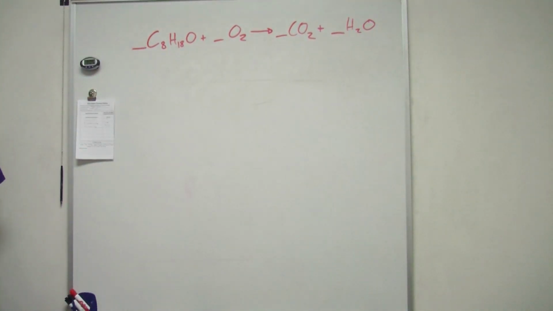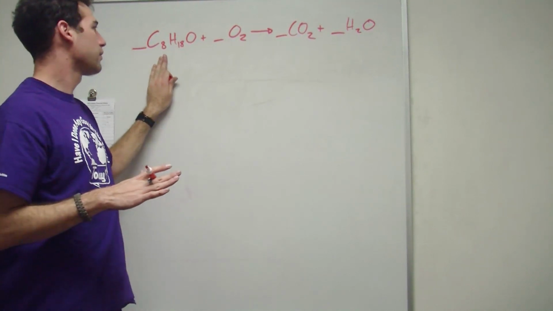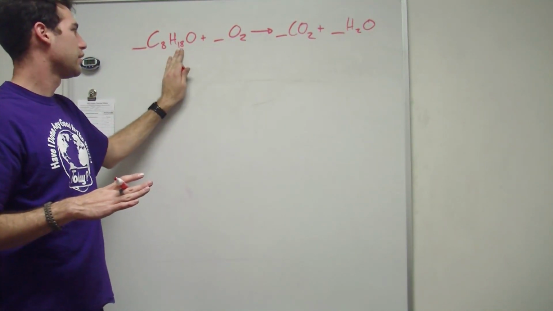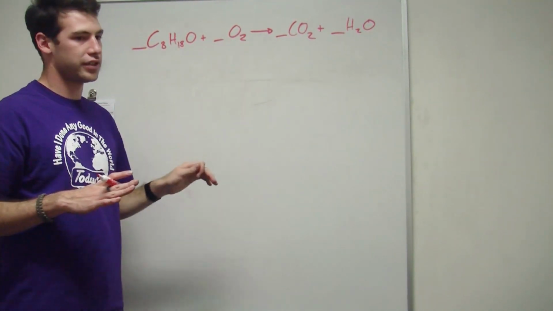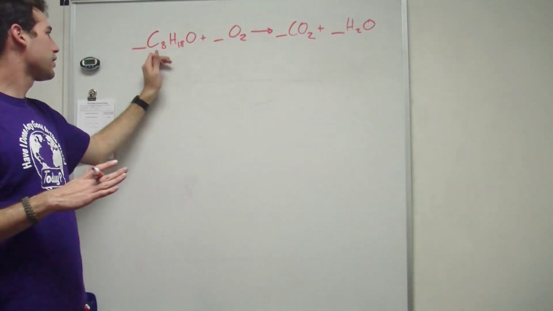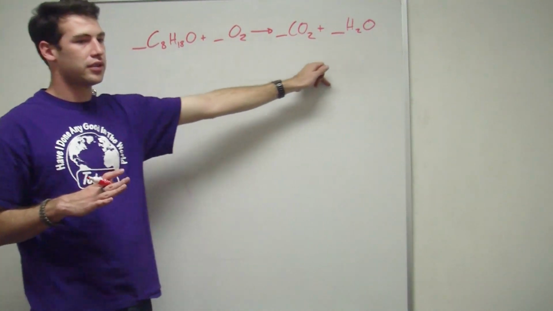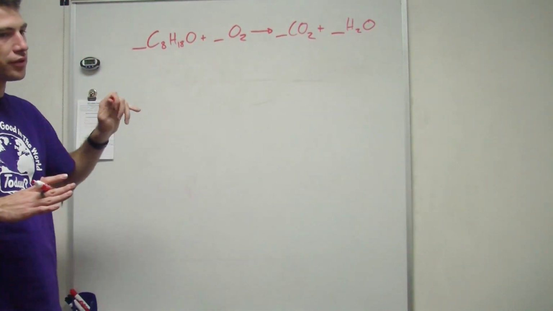So this is what I've seen is the easiest way to do it. Start with carbons, then go with hydrogens, and last step is oxygens, because here we have 2 sources of oxygen, whereas here we have 1 source of carbon, 1 source of hydrogen. So it's going to be a lot easier to figure out this one first.